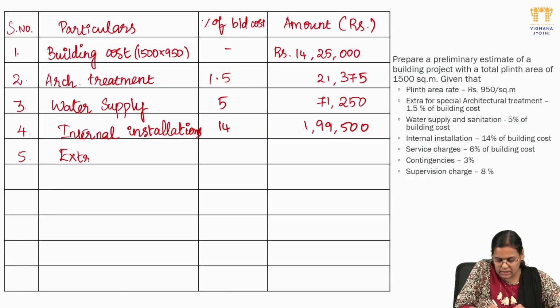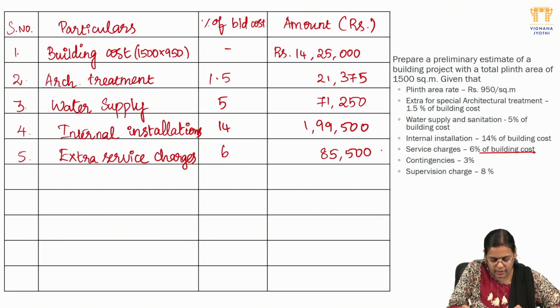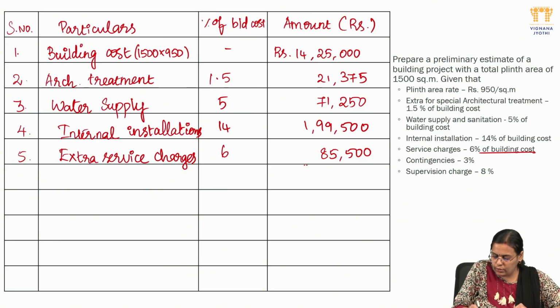So extra service charges. So extra service charges would be around 6%, right? As given in your question. So 6% into 14,25,000 gives you 85,500, right?